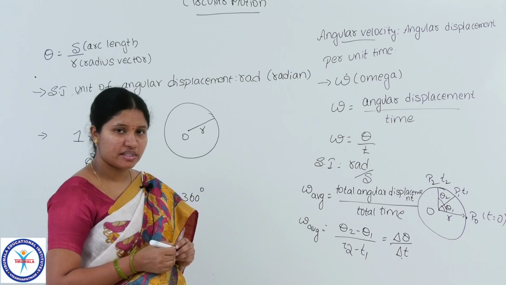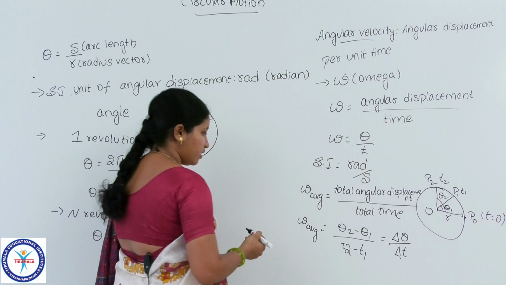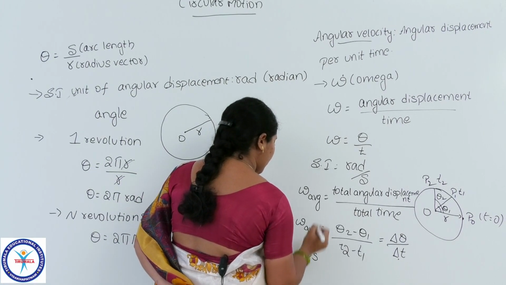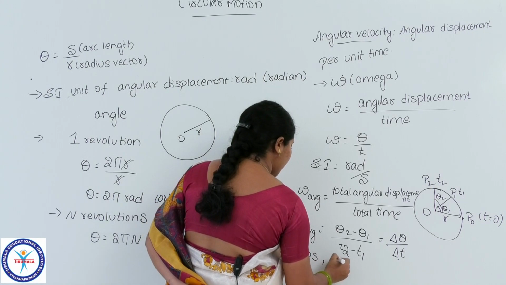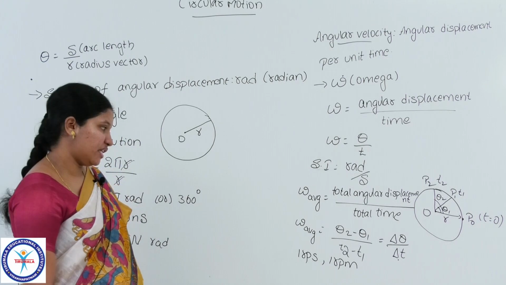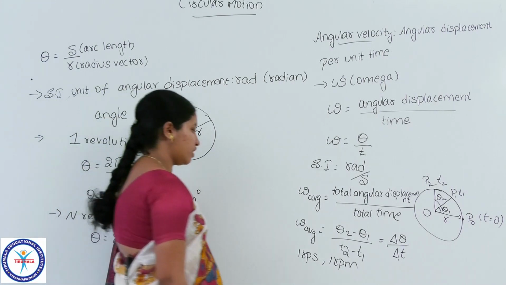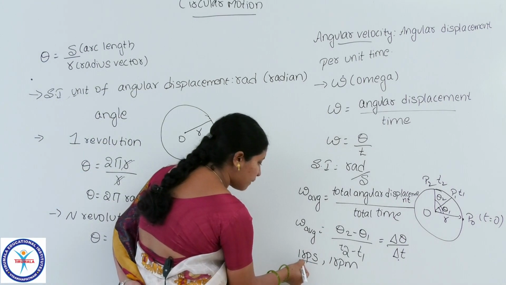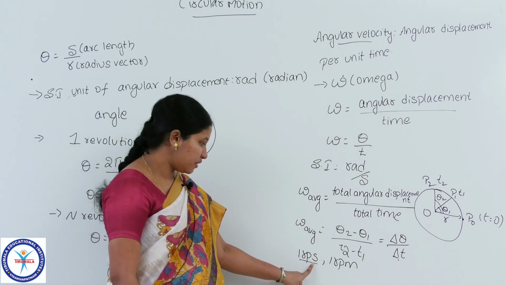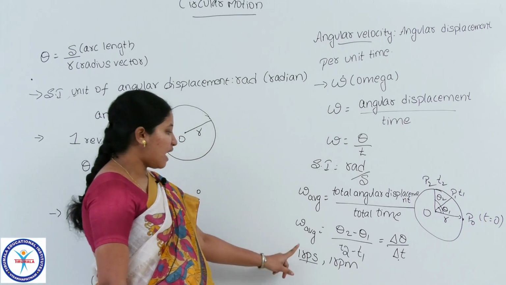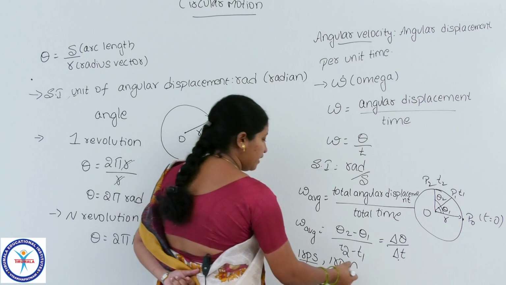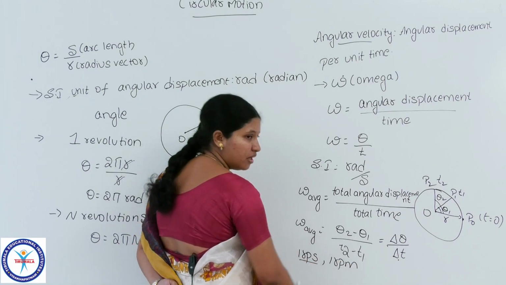We have practical units for angular velocity. Those practical units are 1 rps and 1 rpm. So what is the meaning of rps? r means revolutions, p means per, s means second. So 1 rps means revolutions per second. rpm means revolutions per minute.